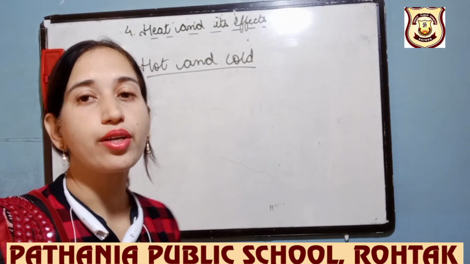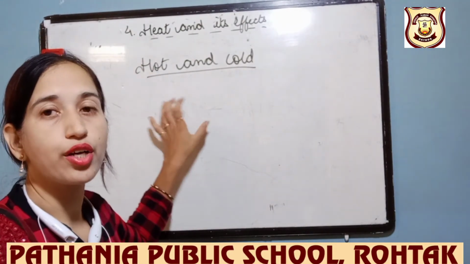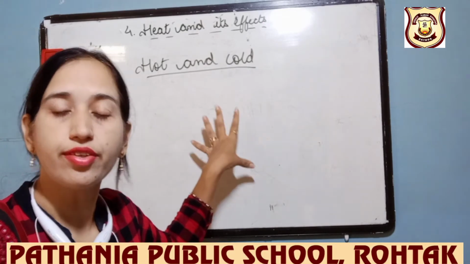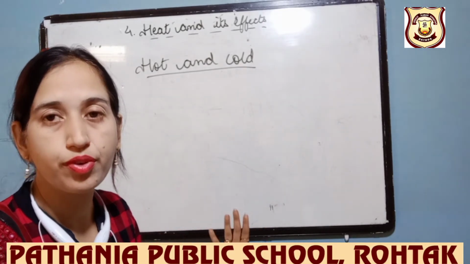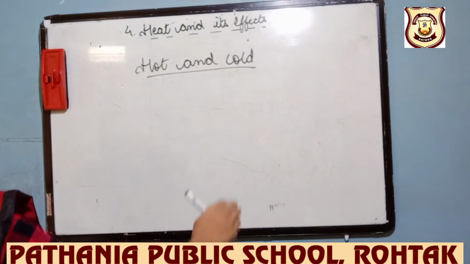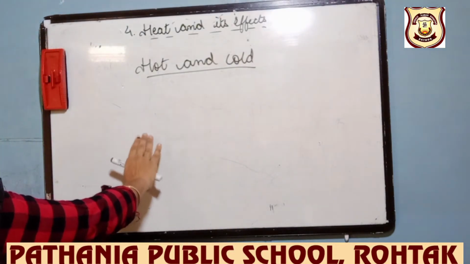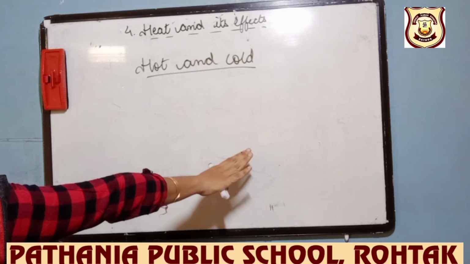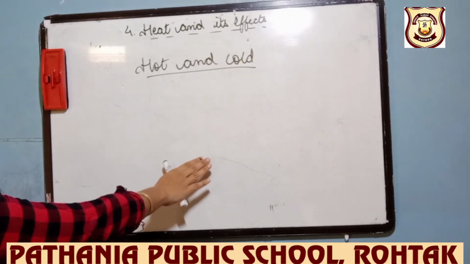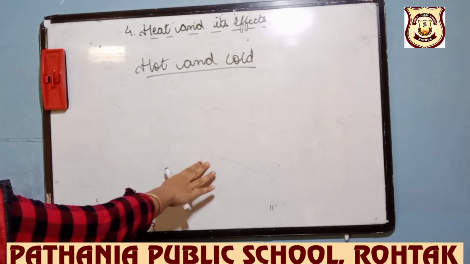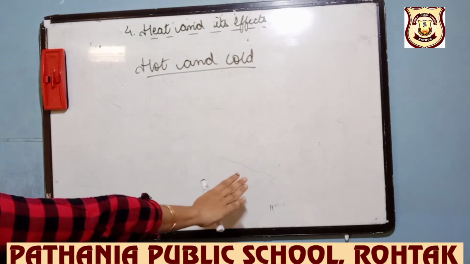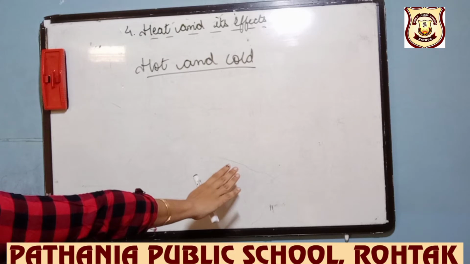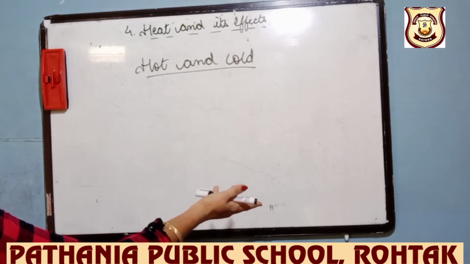Next topic I would like to discuss with you is hot and cold. It's all about relative temperature. Okay, there is an activity given related to this: you can see hot water, cold water and ice water. A boy puts his right hand in water and it feels cold, and then his left hand in the same water and it feels hot. Why is it so?